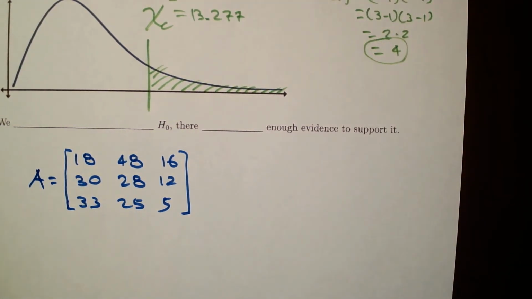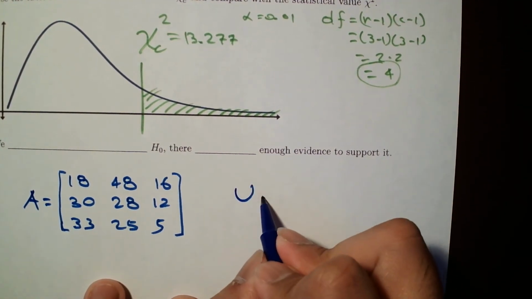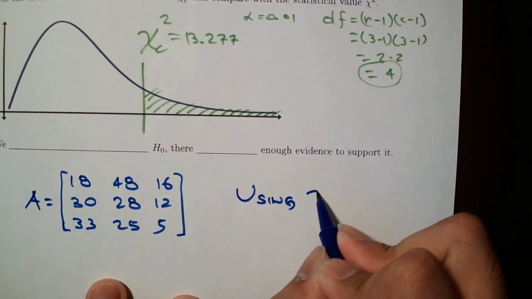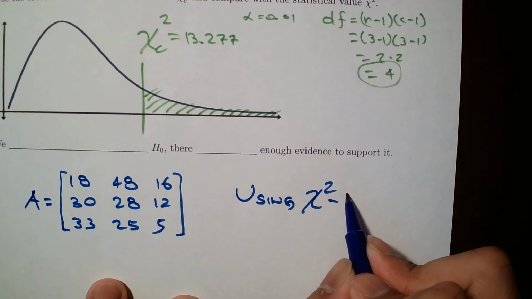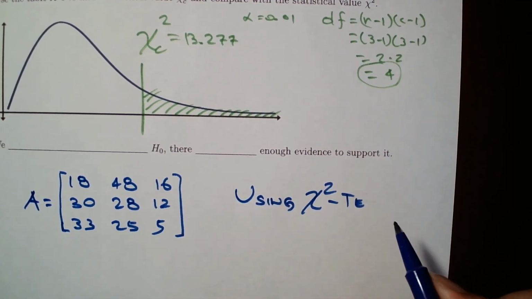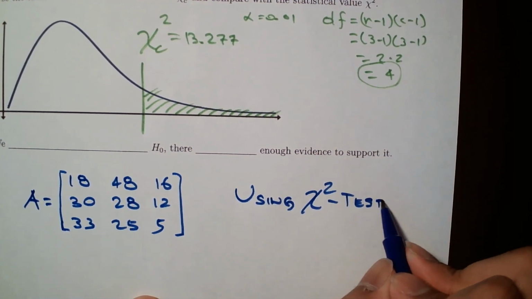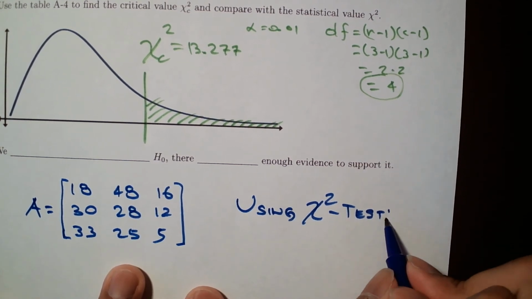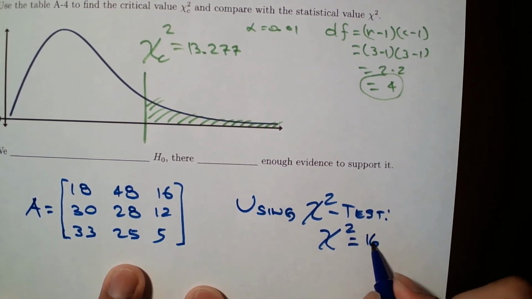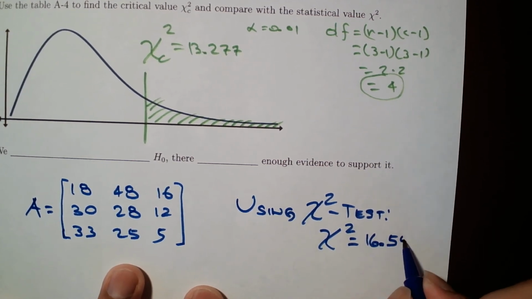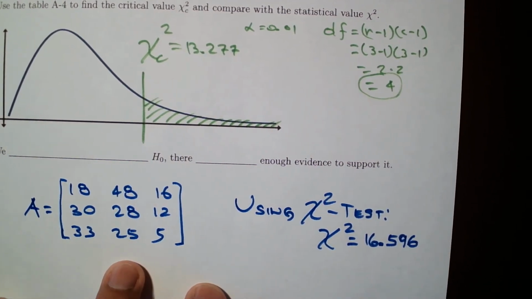16.596. So using the chi-square test, we get chi-squared equals 16.596.